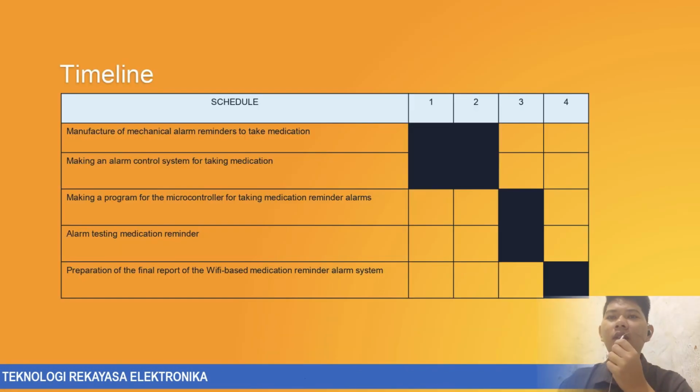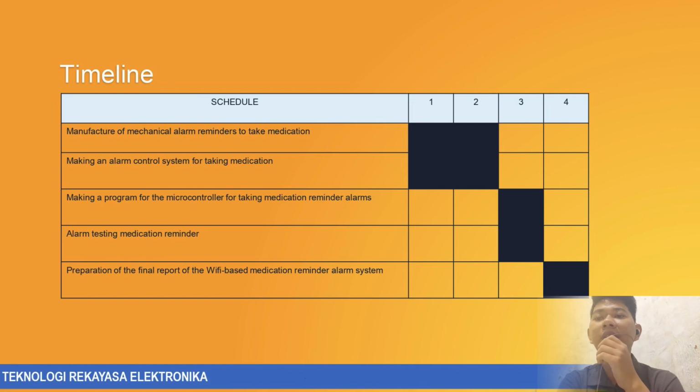Okay, next I will explain the timeline design of the project we are working on. In weeks 1 and 2, we manufacture the mechanical part of the alarm reminder for taking medication and make an alarm control system.